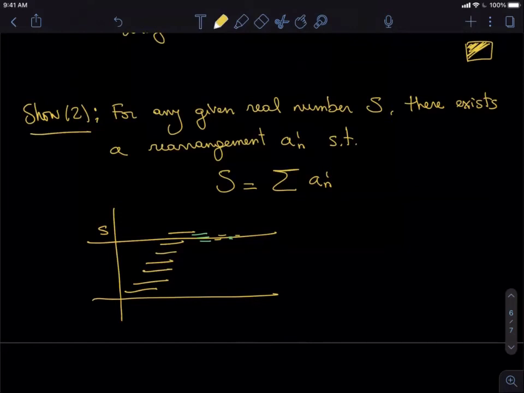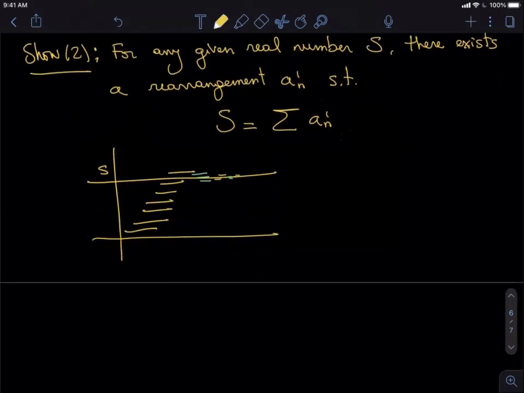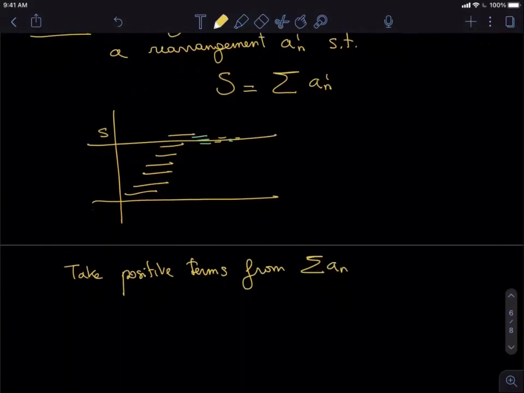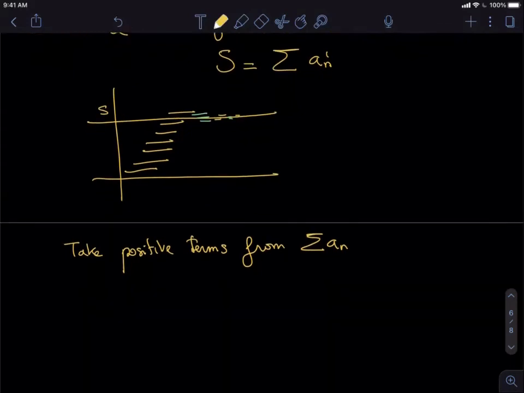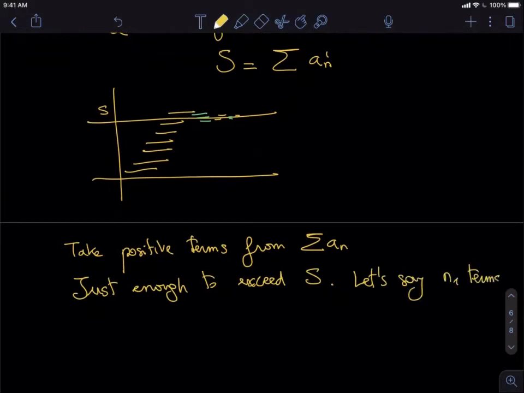Now that the idea is clear, we have to write it carefully. So let's take positive terms from the series, and we are going to take just enough to exceed S. So here let's say that we need n1 terms for that.